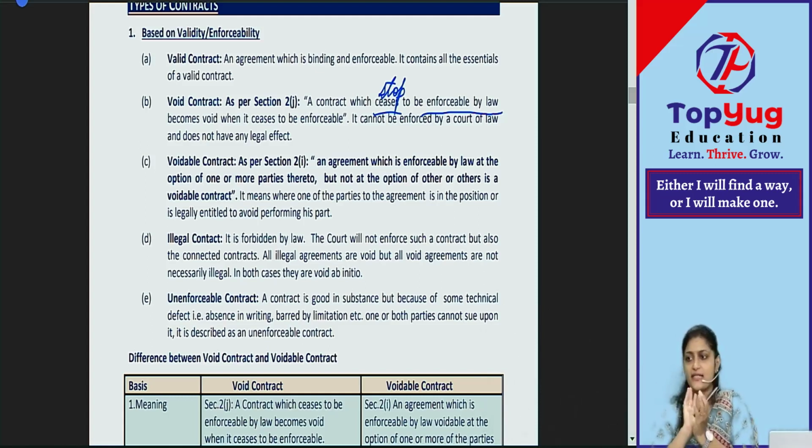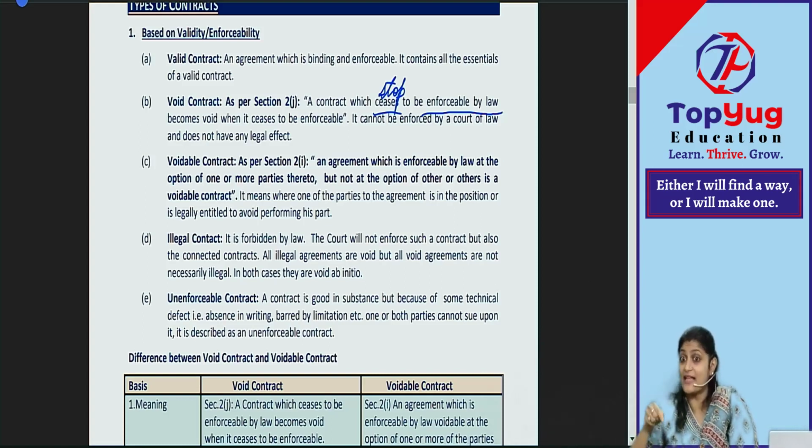You cannot purchase and sell liquor unless you have a license. But I don't have a license. Now, can I sell you liquor? Can you pay me the price? Is this valid now? No. But was it valid when we entered into the contract? Yes. But now, will we have any support of law after that rule is passed? No. It was valid, but because of some event, it has now become void. Not enforceable by law.